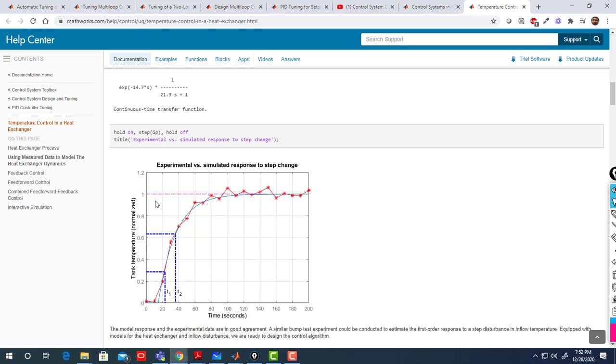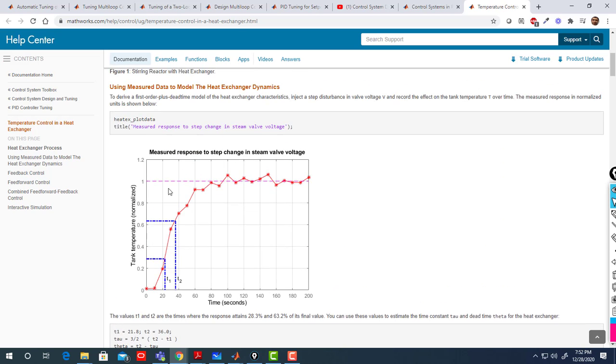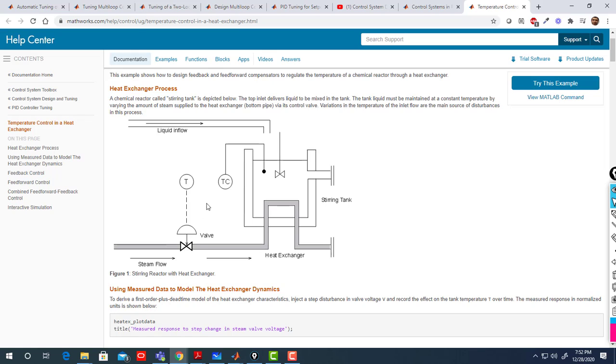Well, basically we get experimentally how the temperature changes with time for a step input in the steam valve. So I apply a step voltage at the valve, and I measure the temperature, so I identify my system. In the same way you can identify the disturbance, by applying a step disturbance.